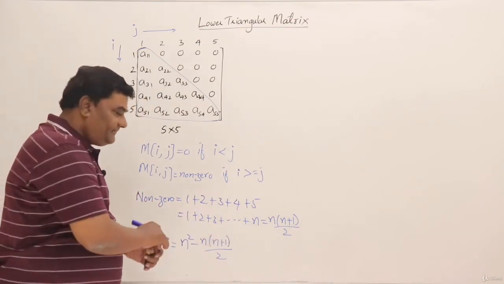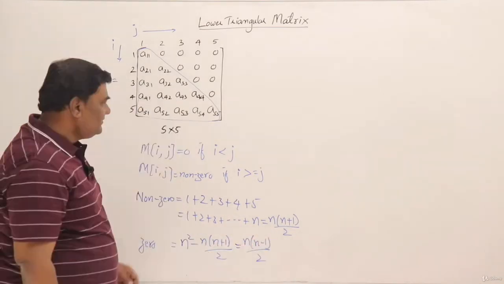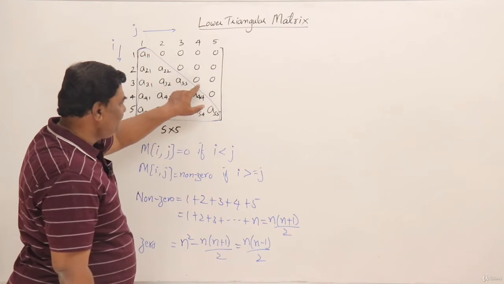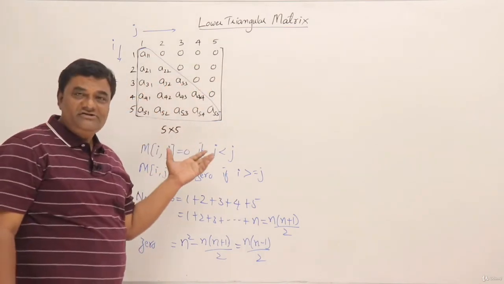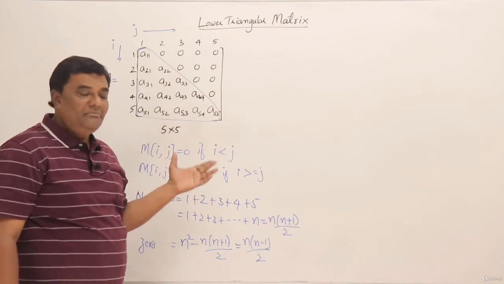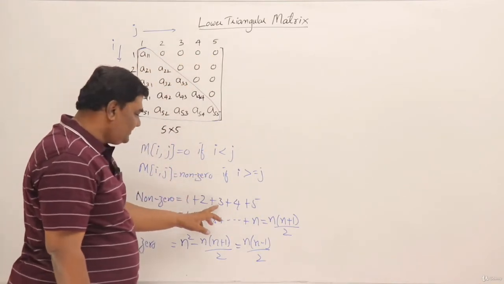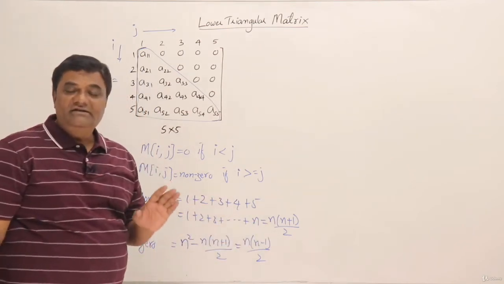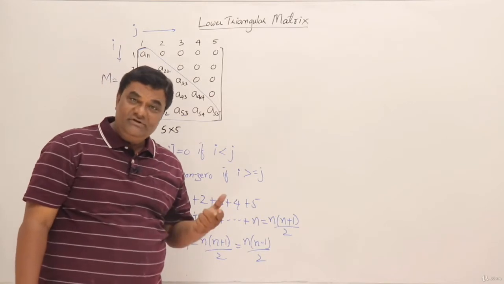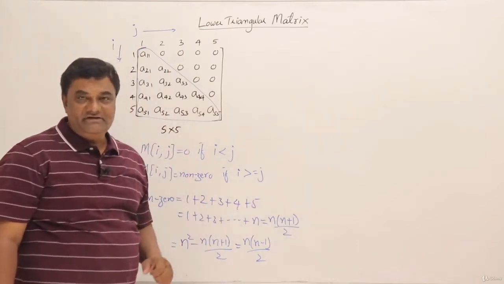So this will be n into n minus 1 by 2. If you observe, here is 1 zero, then 2 zeros, then 3 zeros and 4 zeros. Dimensions are 5 cross 5, but the last number of zeros is 4. So this is going up to 1 plus 2 plus 3 plus 4, that is n into n minus 1 by 2. So there are n into n minus 1 by 2 zero elements and n into n plus 1 by 2 non-zero elements.